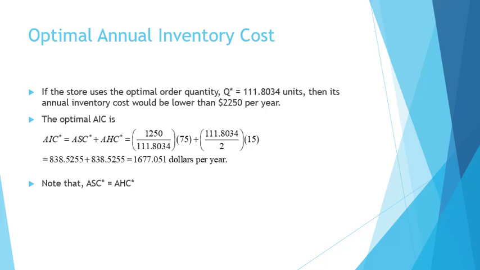It is important to note that it is not by accident that the optimal ASC is equal to the optimal AHC. This is the property that if we use the optimal quantity Q star, then the optimal annual setup cost will be equal to the optimal annual holding cost.